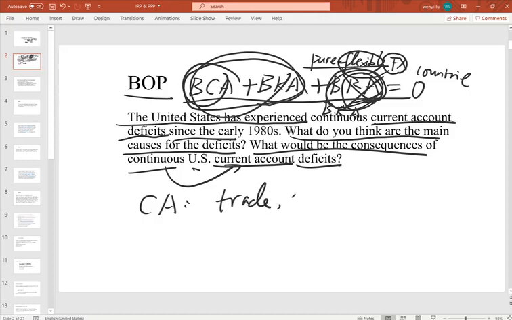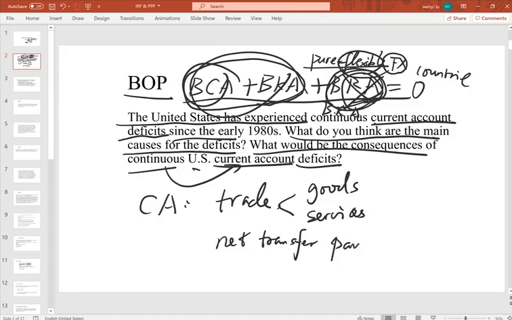This trade includes the exports and imports of goods and also services. It also includes net transfers across countries, or you can say net transfer payments, from the US to foreign countries.